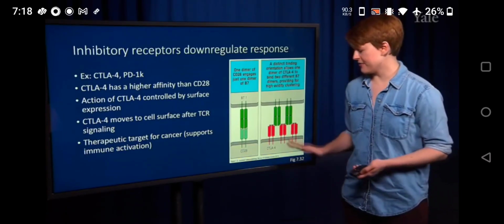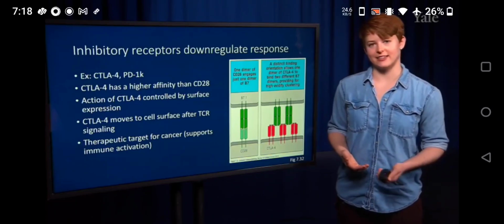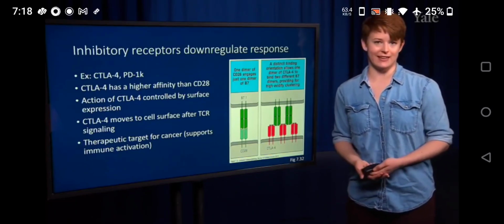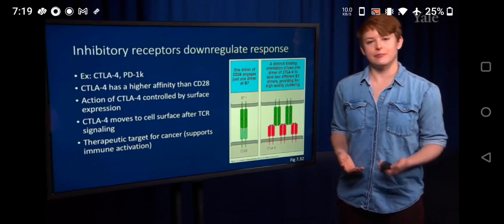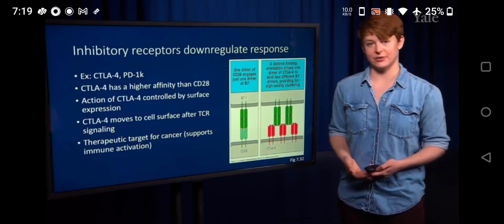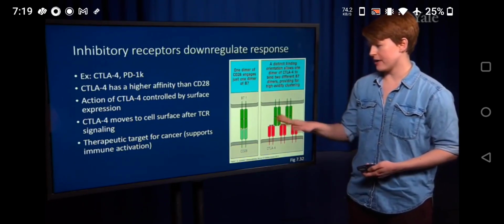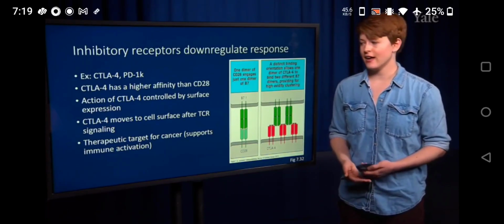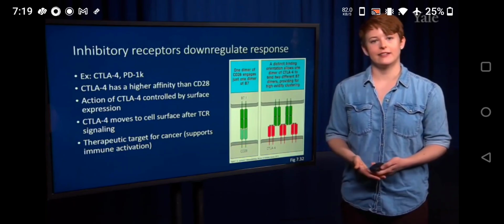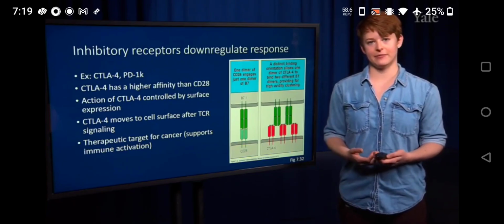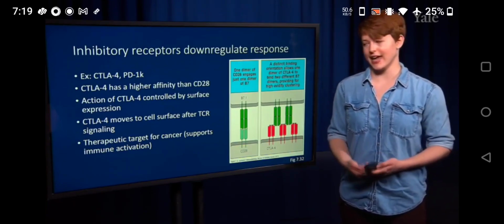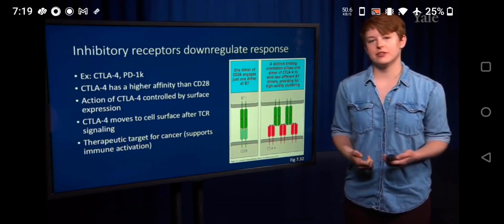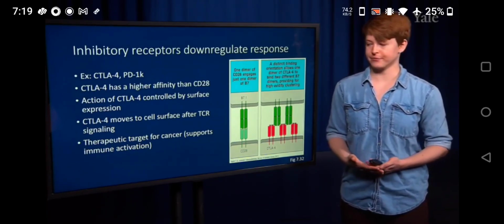However, CTLA4 actually has a higher affinity than CD28, so it can outcompete the binding of CD28 and take up all the binding of the B7.1 and B7.2. And this helps block the co-receptor signaling from CD28 and helps control T cell activation.